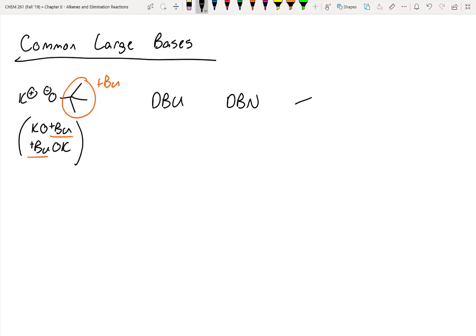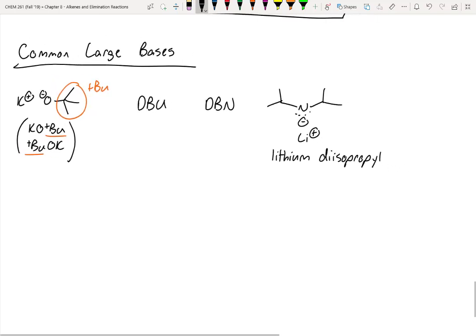And then there's one other one that we haven't really seen yet. It looks like this: a nitrogen with two lone pairs, and then a lithium countercation. This is called lithium diisopropylamide.